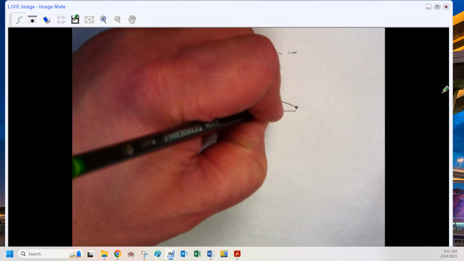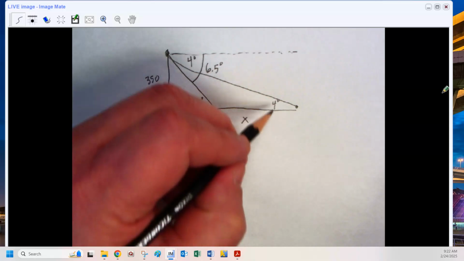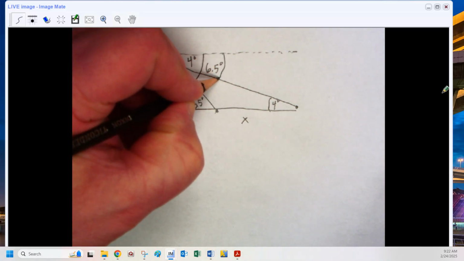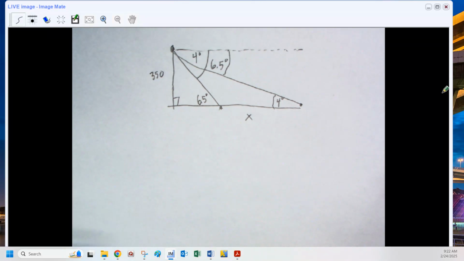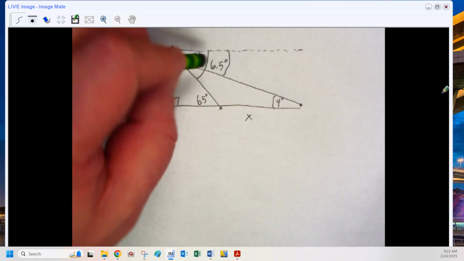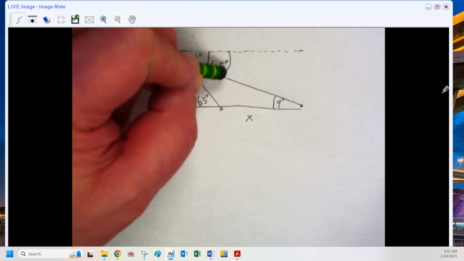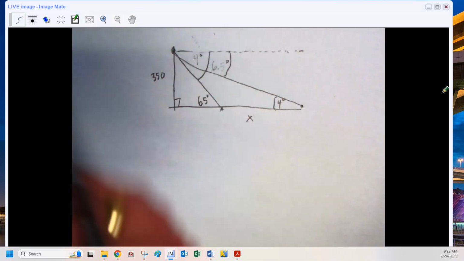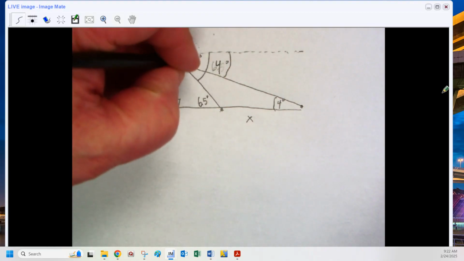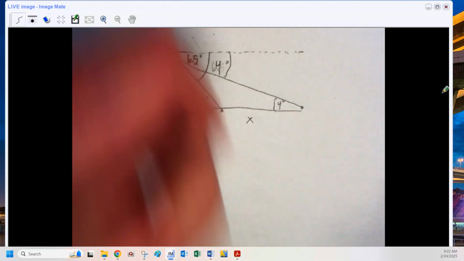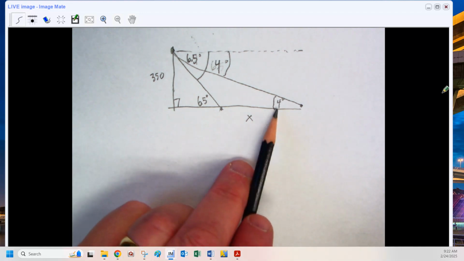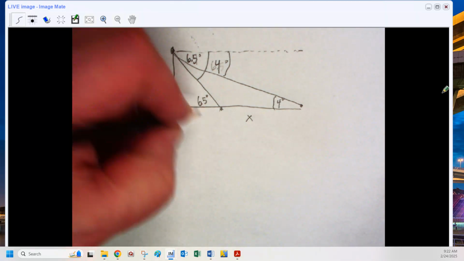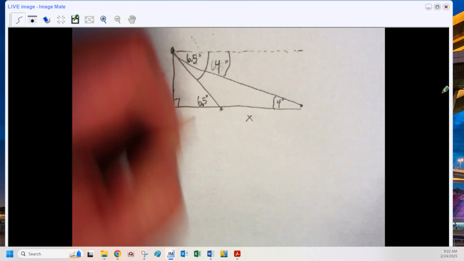In a similar way, you could argue that this is 4 degrees. This one and this one should be congruent. Okay, so now that I drew that one in, it almost looks like I should switch my angles on the picture. That one just feels better, doesn't it? Yeah, I think that feels better on the picture. Anyway, this angle is 4, and this one is 6.5. The decimal point's not showing up very well.